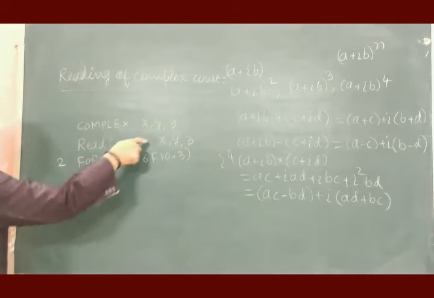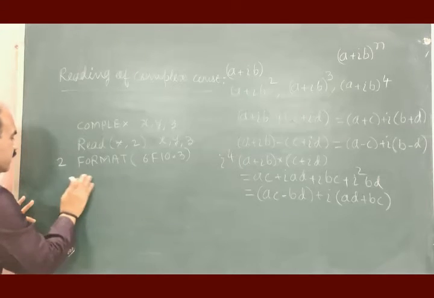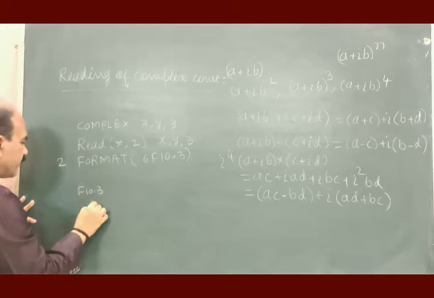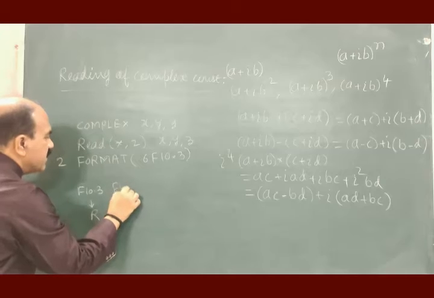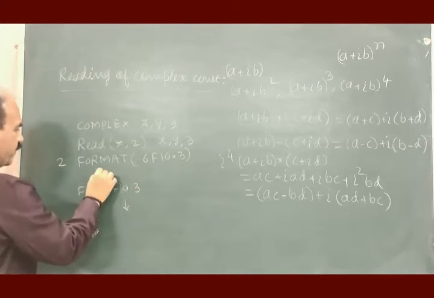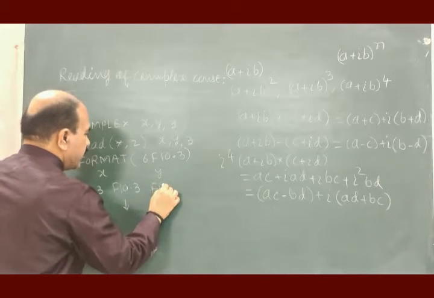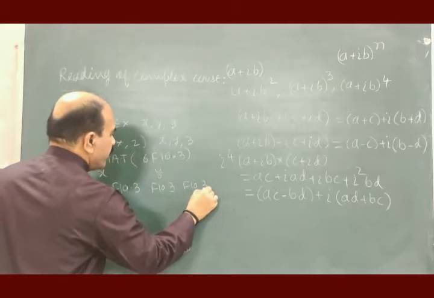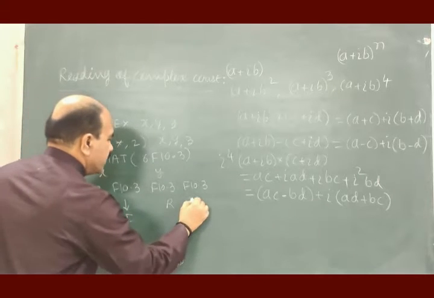This means that for x, its real part is F10.3. Its imaginary part is also F10.3. This is for x. The same is true for y. This is for real, this is for imaginary.